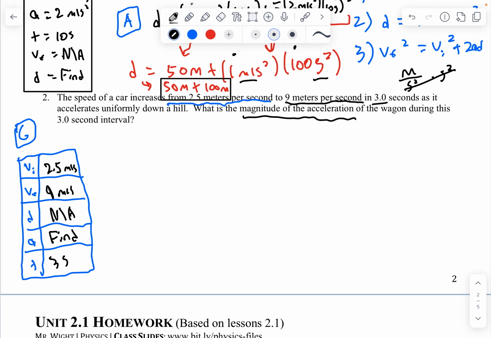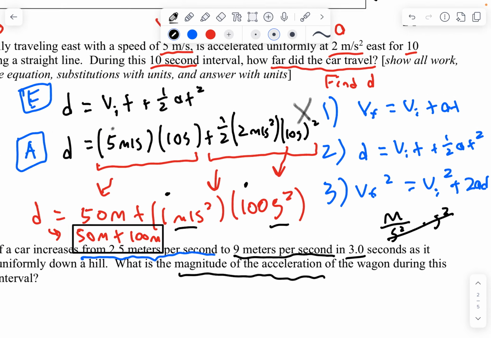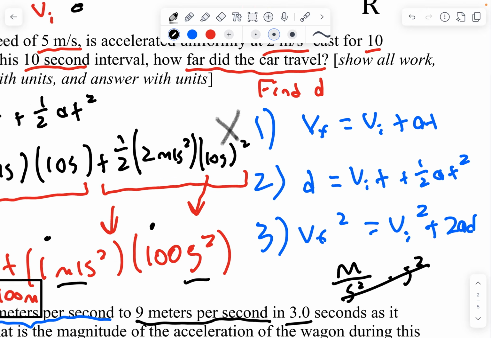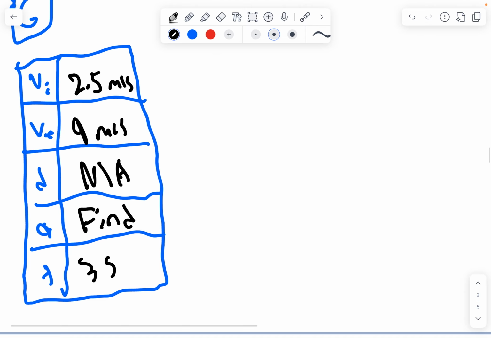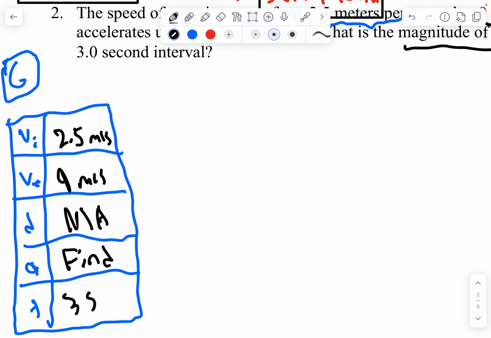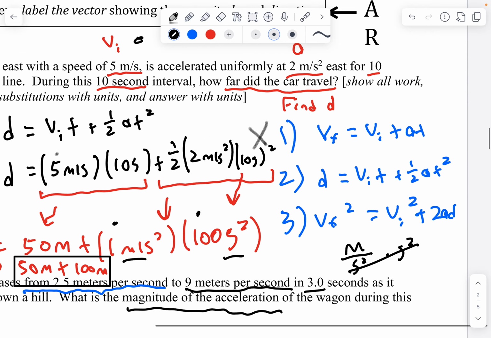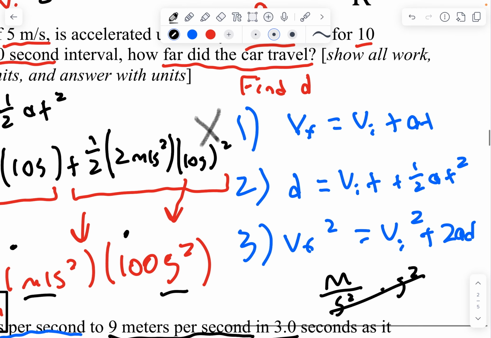So we also have to pick an equation. Let's go back to these equations up here. Which of these equations includes what we're trying to find, A, acceleration, but doesn't include D, what we don't know? Let's look. It's pretty clear.